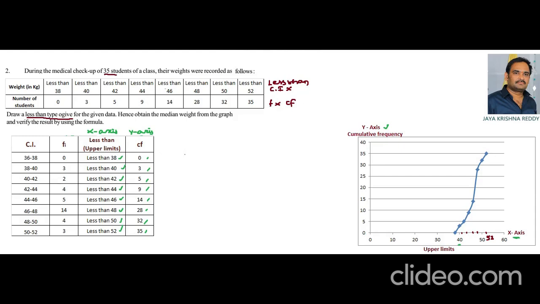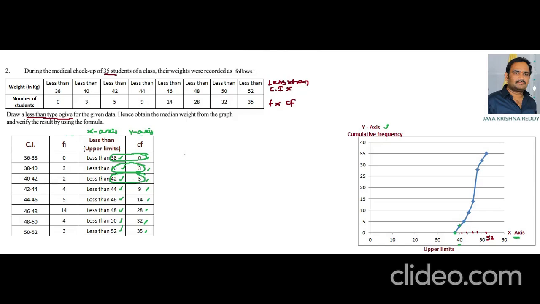Now the first point on the graph is 38 and 0. X value is 38 and y value is 0, which means the point should be on the x-axis. So on the x-axis, this is the point 38, and the second point is 40 and 3. X value is 40 and y value is 3. This is the point. And next point is 42 and 5.